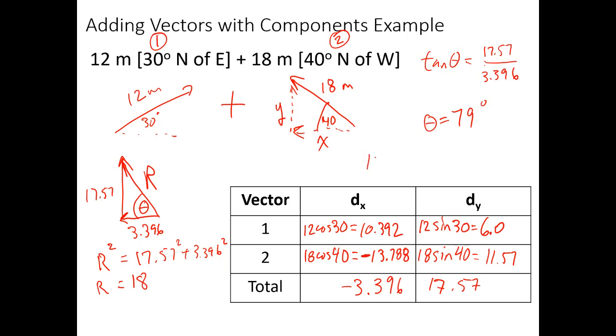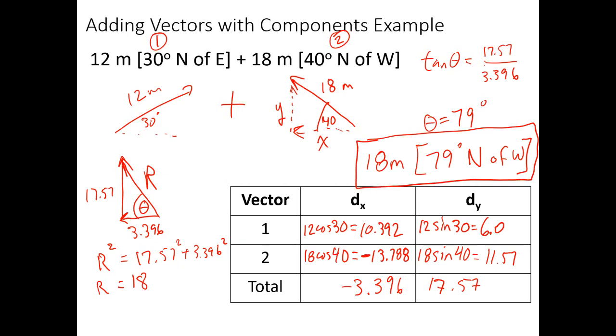Okay, so to round this question out, state this answer fully with size and direction. This vector will be 18 meters at an angle of 79 degrees that is pointing north of west. Okay, and again, with this direction, you could state the direction as 11 degrees west of north, which would be totally accurate as well.